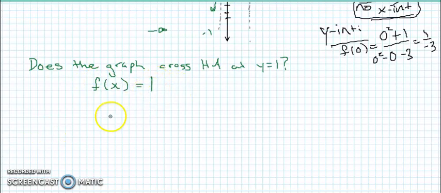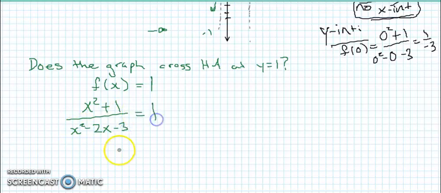In this case, that's 1. So take this x squared plus 1 over x squared minus 2x minus 3 and set that equal to 1. If you get an x value for a solution here, or maybe more than one x value, that tells you that yes, it does cross, and it'll tell you where. At whatever x value you get, that's where it crosses.